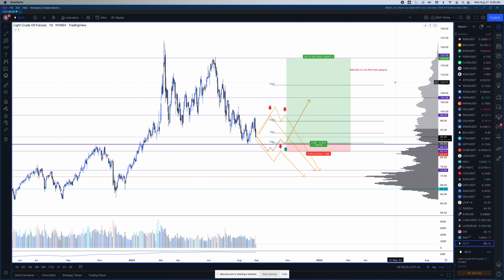And that's it. If you're just jumping in and out of stuff without doing this assessment, so what I've done here is I've planned an entry. I know where it's invalidated. I know that if I enter here and it goes to here, it doesn't necessarily mean a whole lot, especially if it's just a wick.